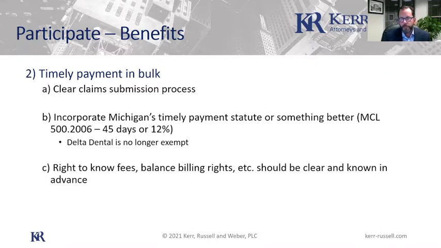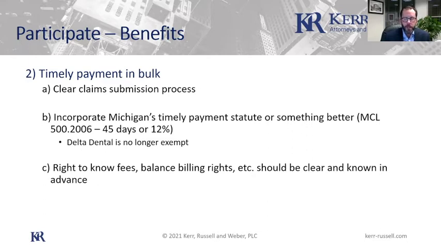Balance billing rights. We're going to talk a lot about this in a few slides coming up, but balance billing means that if your normal fee for a crown, let's say, is $750, and the fee you've agreed to accept from the insurer or payer is $650, under what circumstances can you bill for the balance, that extra $100?